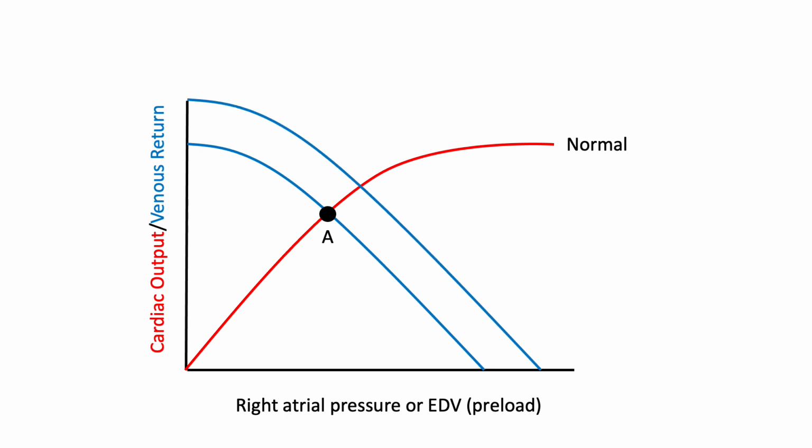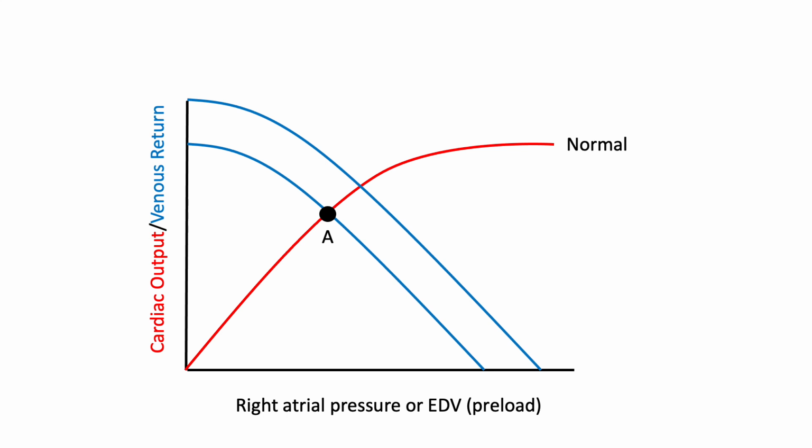Now, what if I increase someone's preload? What if I give them a blood transfusion or a bag of IV fluid? I've now filled up their tank, right? I have shifted their mean systemic filling pressure to the right because there's more volume in the tank. I've also increased their preload, right?